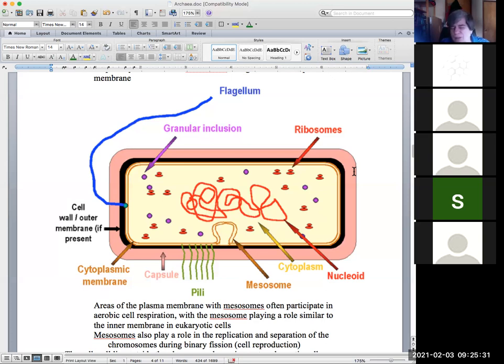So if we think about the slime capsule and the cell wall, why do you have all this non-living stuff outside the plasma membrane? For protection. The cell wall and even the capsule are thicker and they're stiffer than the plasma membrane is. The plasma membrane is lipids, so it's flexible. Think of a drop of oil floating in a frying pan.